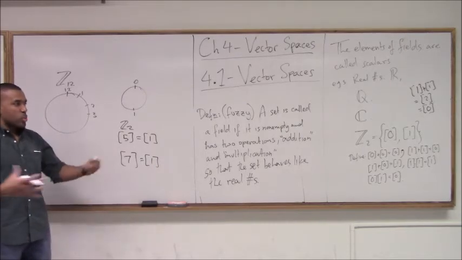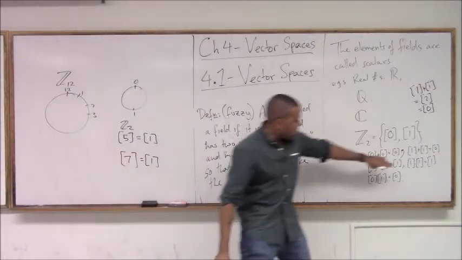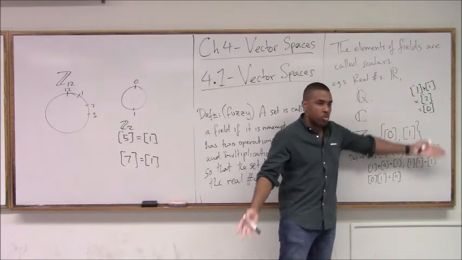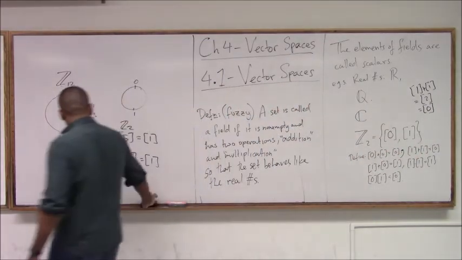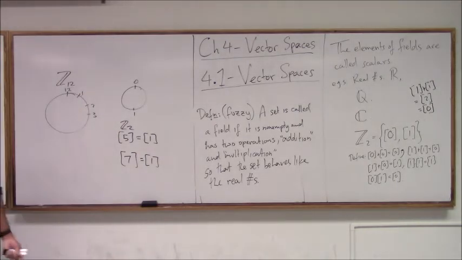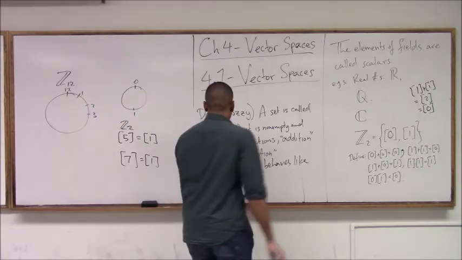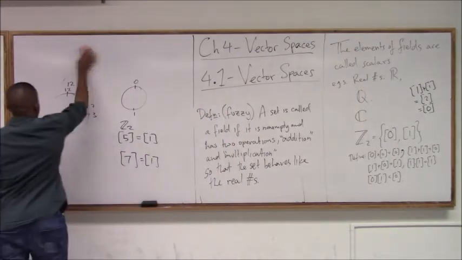So I can literally group all integers. When I'm adding these, if I get a number other than 1 or 0, I can reduce it to 1 or 0. By such a notion, that set will actually behave like the real numbers, even though it only has 2 elements in it. I can divide, I can multiply, I can add.